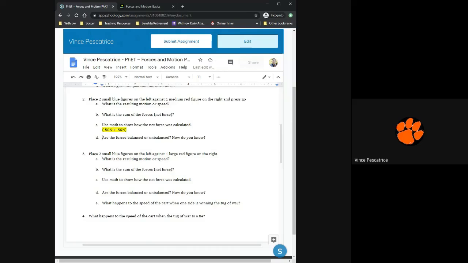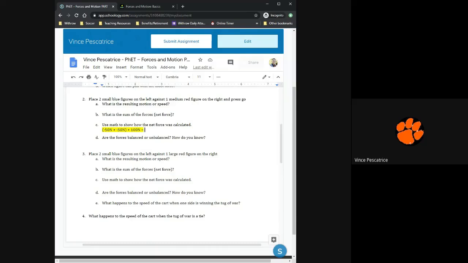Now for the sum of forces, I have to add the opposing force, which was to the right 100 newtons. So this is going to stay with a positive number. When you add all these forces together, you have negative 50 plus negative 50, which is negative 100.